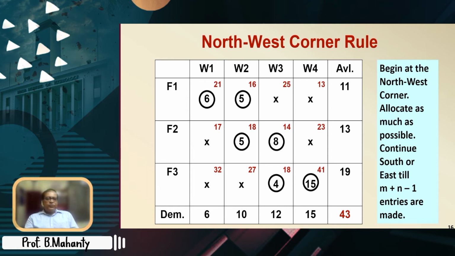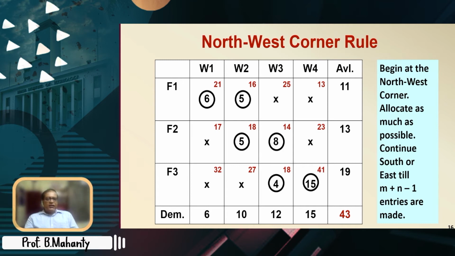Then we move this side because this side is not possible. Now you see this is 10 and this is 11. 6 is already there, so only 5 more can be entered. So that means 6 and 5, and there should be a cross. Then this side we cannot go, so we go downside.